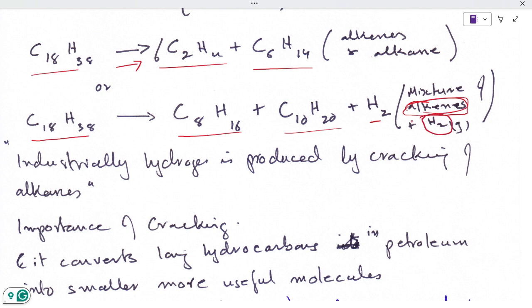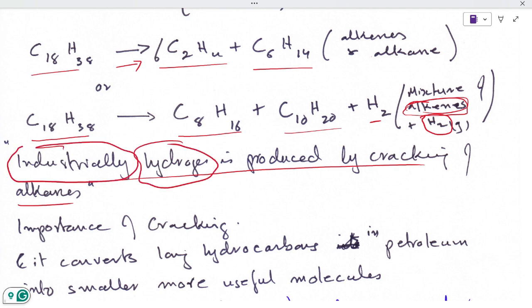Industrially, hydrogen is produced by cracking of alkanes. Now, importance of cracking: it converts long hydrocarbons in petroleum into smaller, more useful molecules.